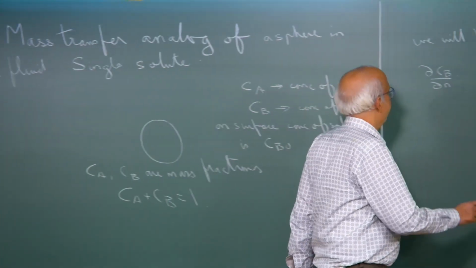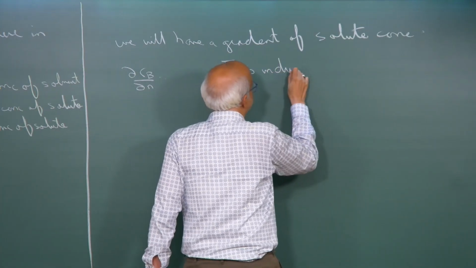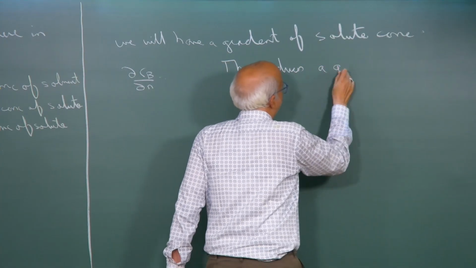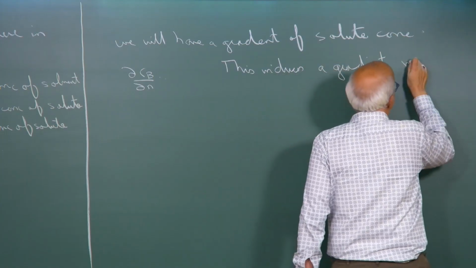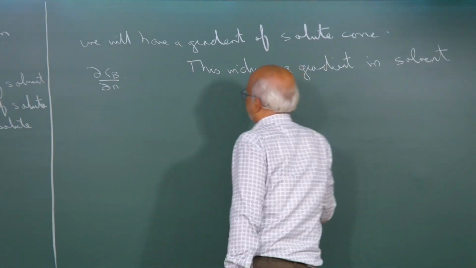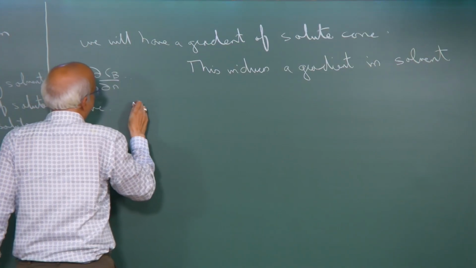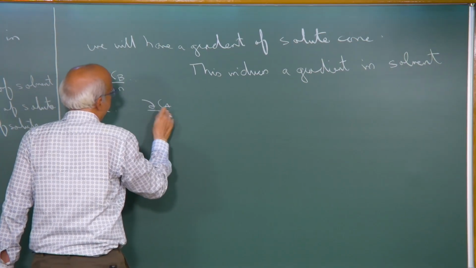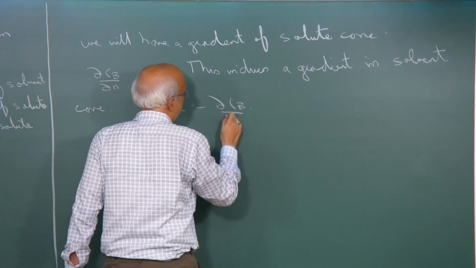So, basically what I am saying is this induces a gradient in the solvent concentration. Why? Because dCa by dN must be equal to minus dCb by dN.